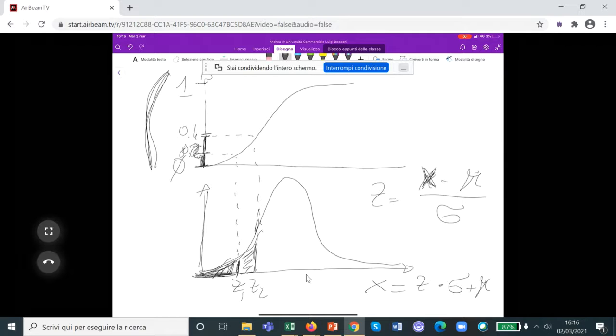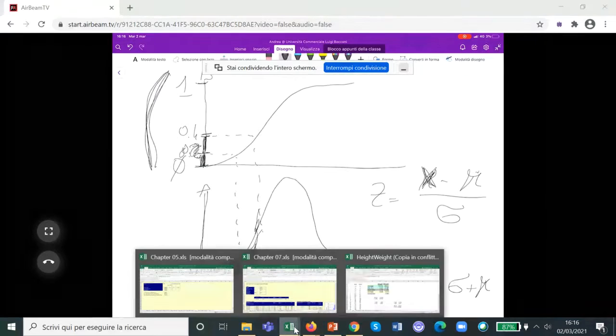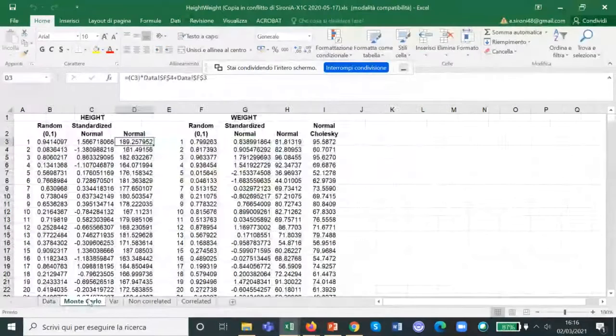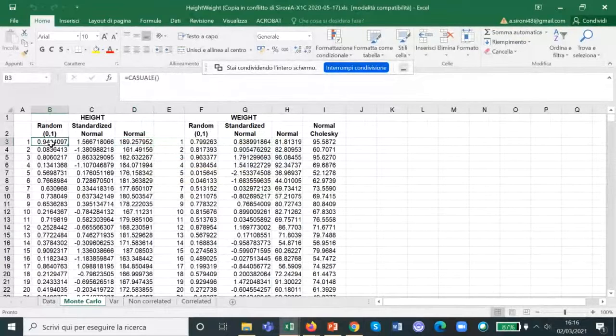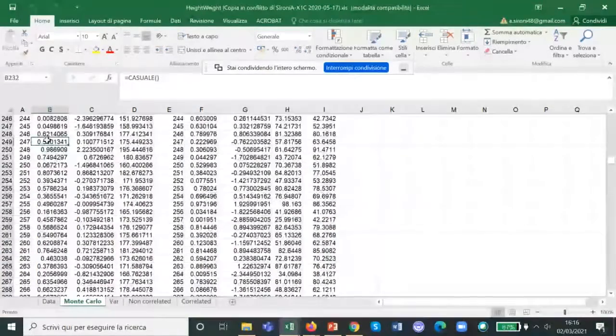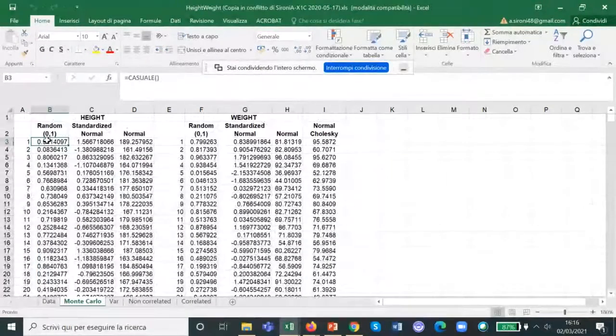And following this reasoning, let's go back to our example. Again, I will upload this file on the Blackboard, and you can see how it works. So in the second sheet, what you have is a random generator from 0 to 1. And these are 1,000 values of this random 0 to 1.